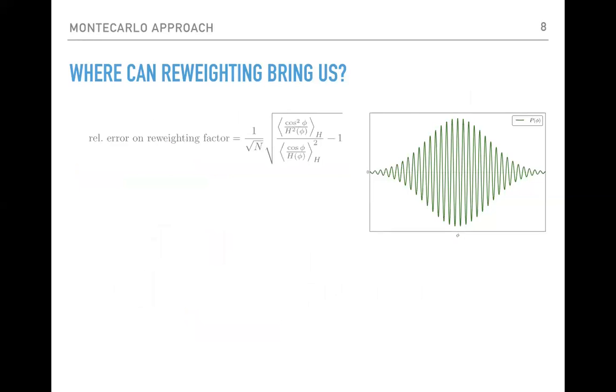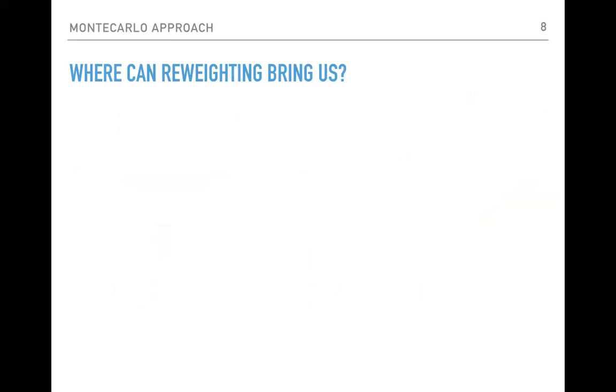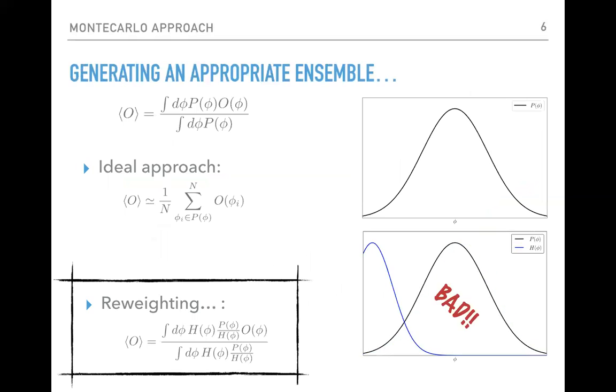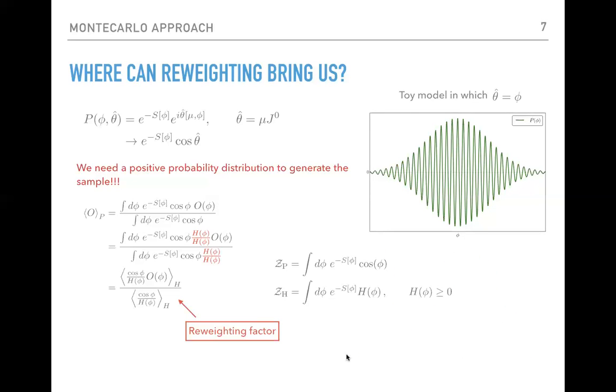If I go back to the last slide, you will see that this reweighting factor will enter all the expectation values of any observable that we calculate. So we better have it with pretty good precision, because the error that we commit here will translate to all expectation values.